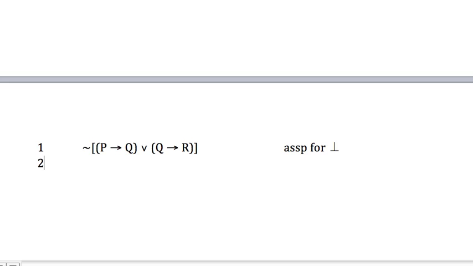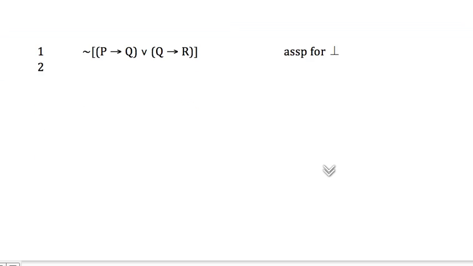Now this one, let me move this further up the page here, will actually work out very nicely if we remember these various rules that we have for dealing with the denials of compounds. We can first apply De Morgan's here. We're going to get the denial of the first conditional and the denial of the second.